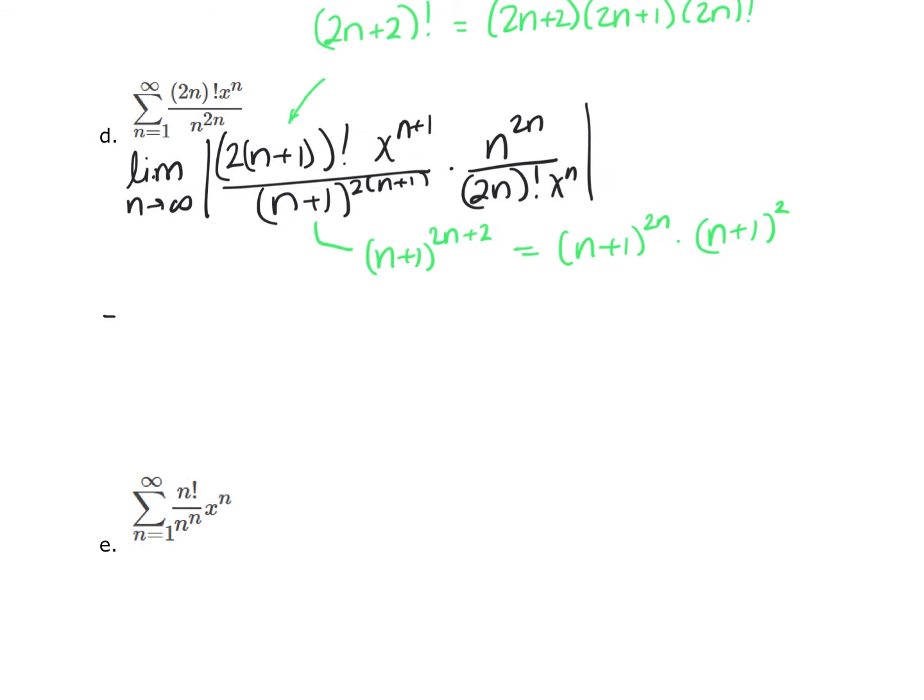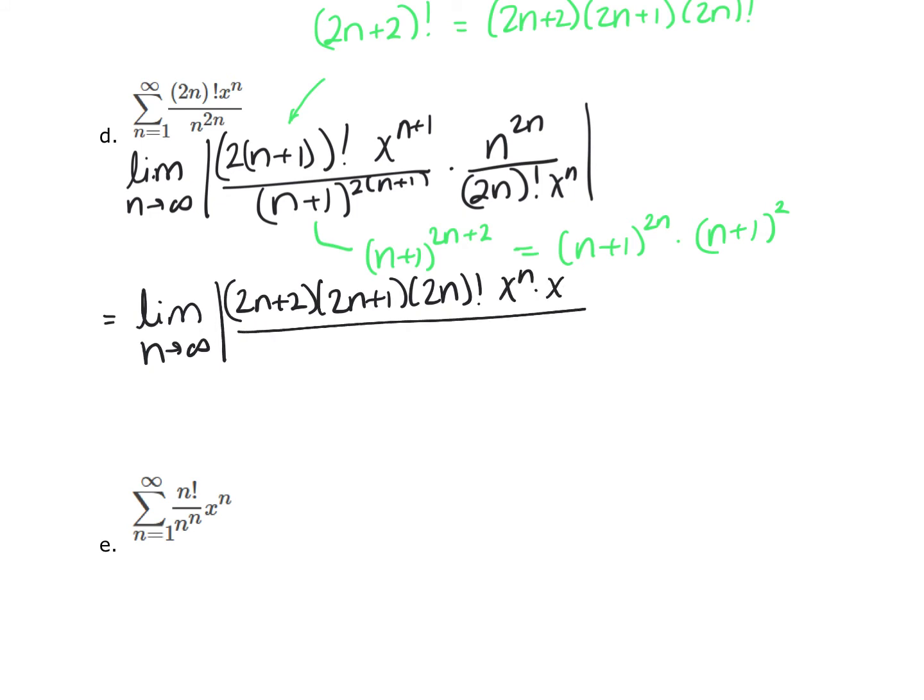Okay, so this is equal to the limit as n approaches infinity of 2n plus 2, 2n plus 1, 2n factorial, x to the n x over n plus 1 raised to the 2n, n plus 1 raised to the 2, multiplied by n to the 2n over 2n factorial x to the n. 2n factorials, x to the n cancel.